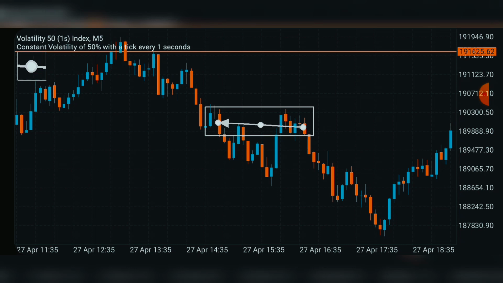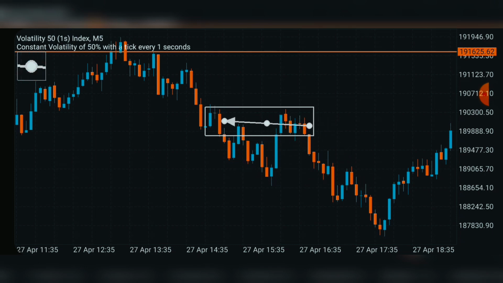It came back, tapped into this order block zone right here, came down, retested, tapped into this order block zone, came down, and then an impulsive push up, completely respected this zone, created a double top, and then it pushed down. So do you see?